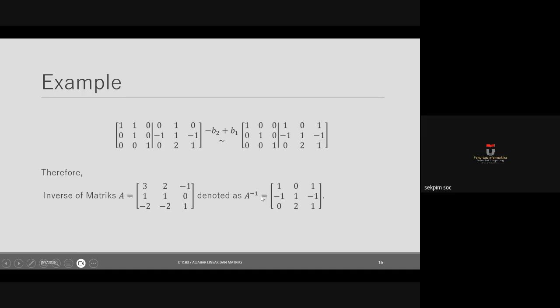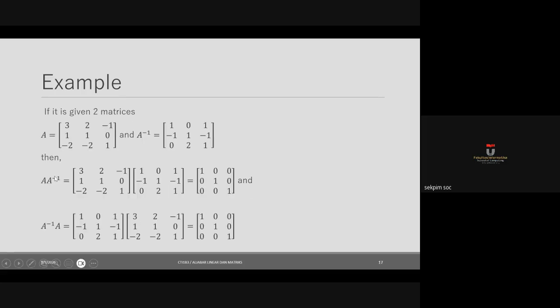You can verify that this is really the inverse by multiplying A and A inverse and verifying that the result is the identity. So we can verify the A inverse that we obtained from the several row operations. So you will get 3, right? 3 times 1 is 3 plus minus 2, 0 is 1. 3 times 0 is 0, 2 times 1 is 2, minus 1 times 2, 0.